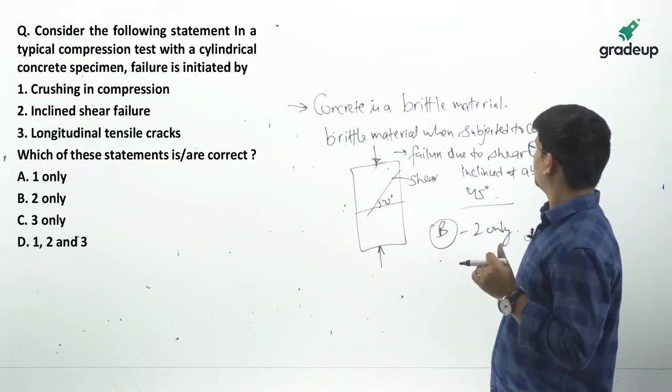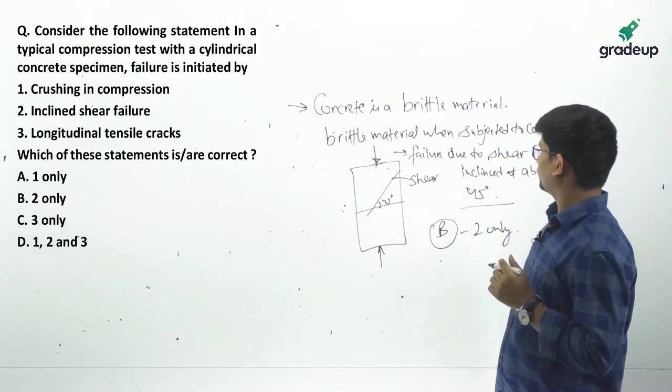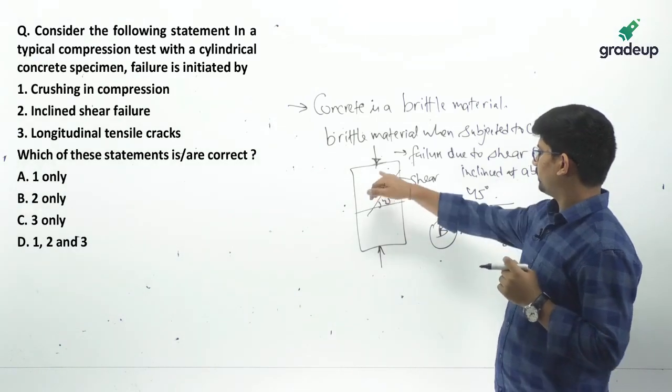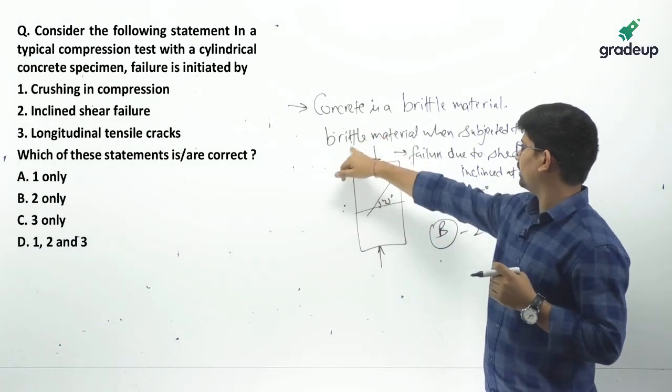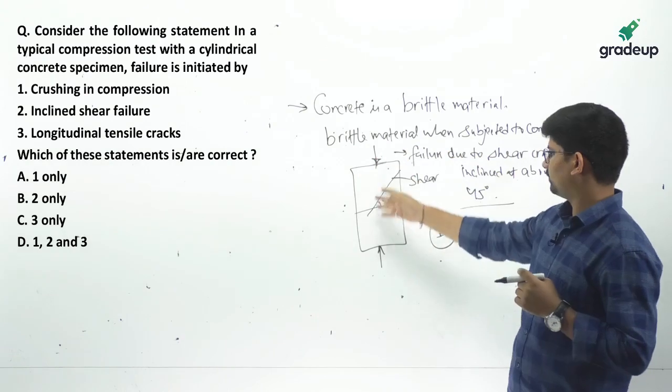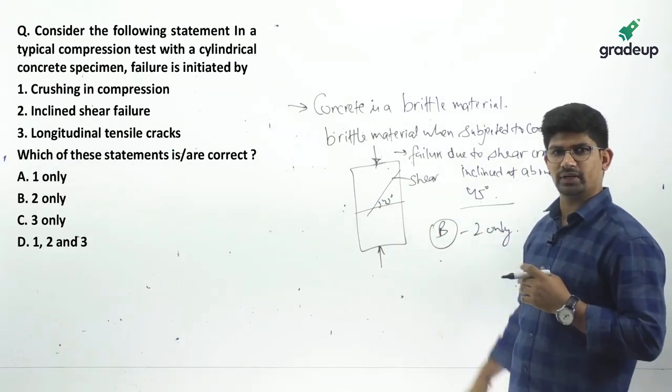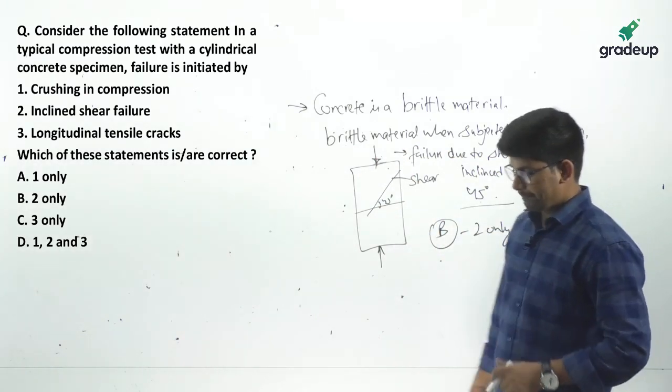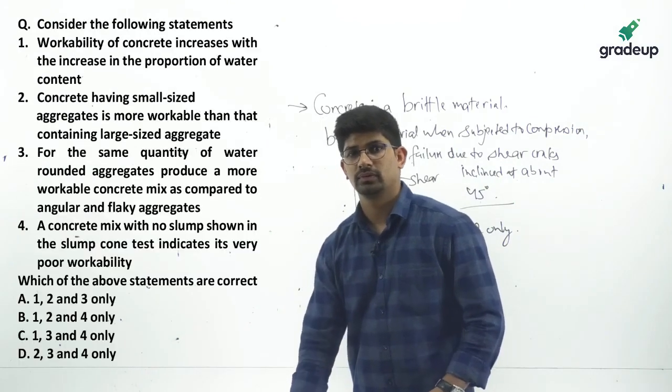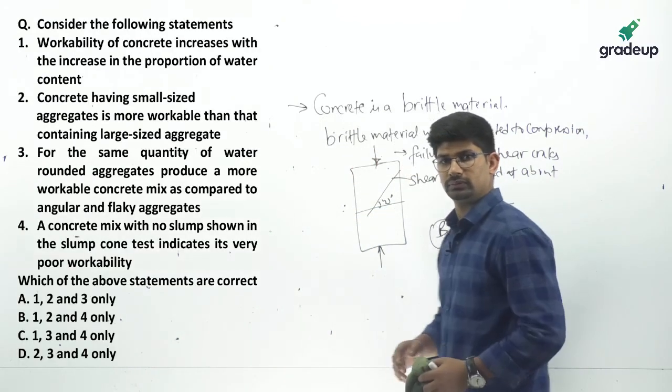Concrete is weak in tension. Okay. So brittle material, when subjected to compression, will fail like this. This is the general mode of failure. Okay. Next question.